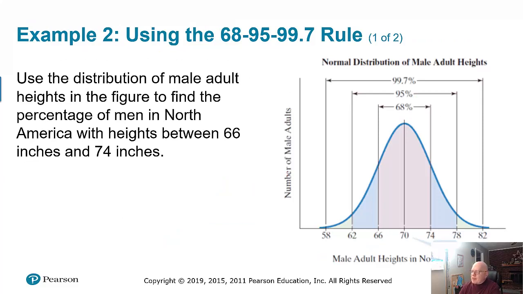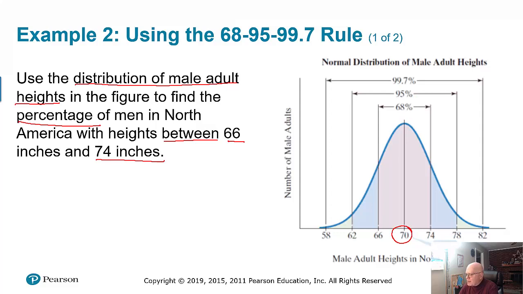Now we're going to use the 68, 95, 99.7 rule. First of all, we've got a distribution of those male adult heights, and we're going to use that to find the percentage that are between 66 and 74. So what do we do? We start right in the middle, because that's the mean.